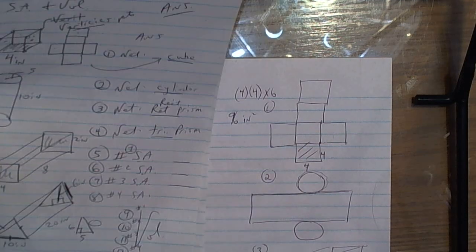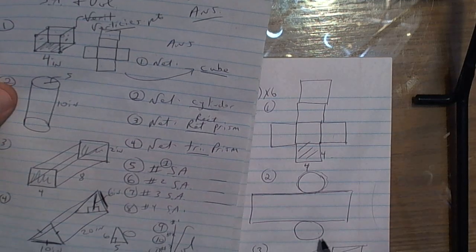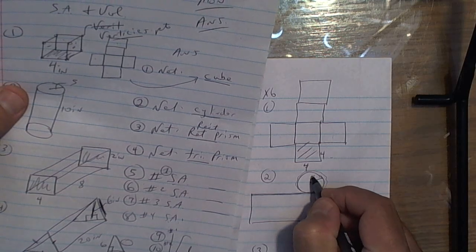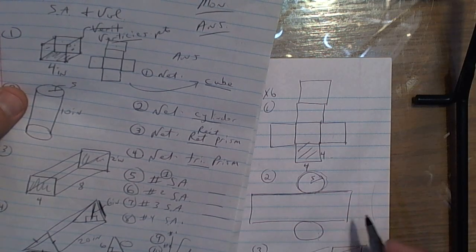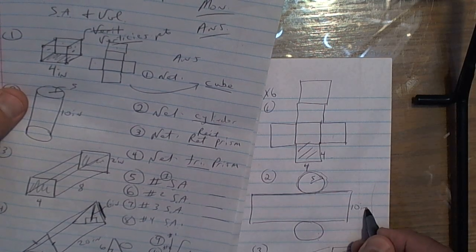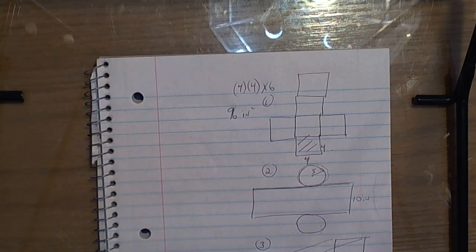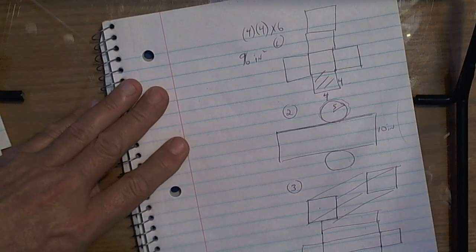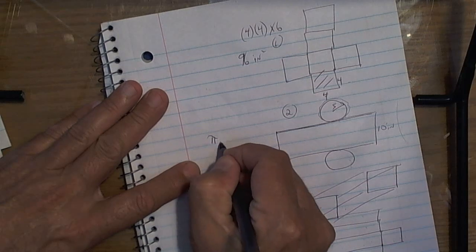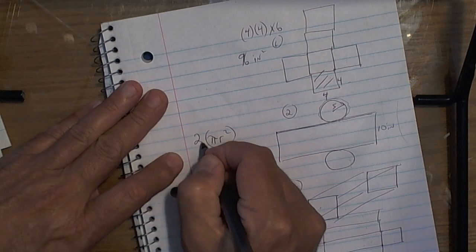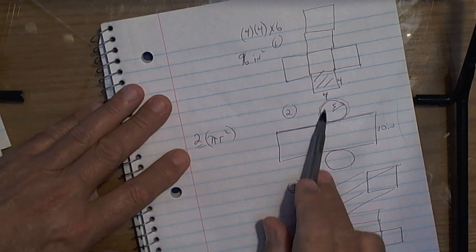Number 2 is this one. The radius is 5, okay, and the height is 10. All right, so we'll do the 2 circles first. So one circle is pi radius squared, but you got 2 of these, top and bottom.